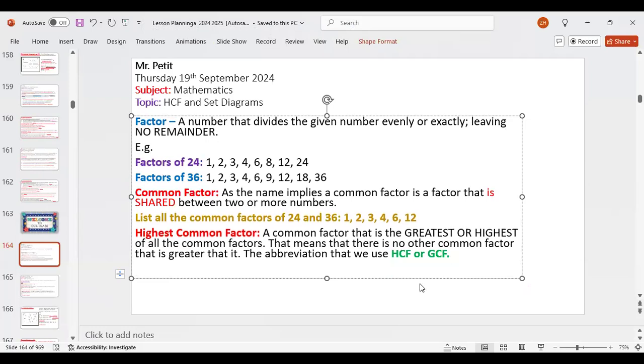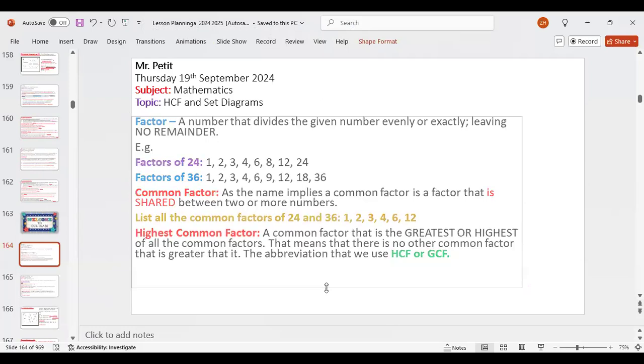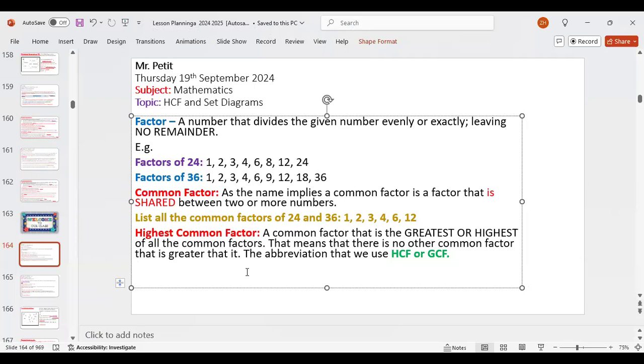Now, for our question, what is the GCF or the HCF of 24 and 36? Put your answers inside the chat for me, please. What is the GCF or HCF of 24 and 36? Looks like we're all on the same page now for once.